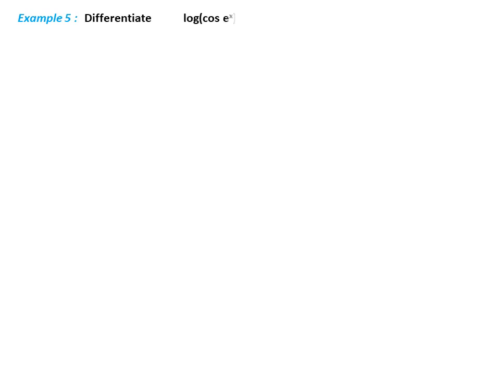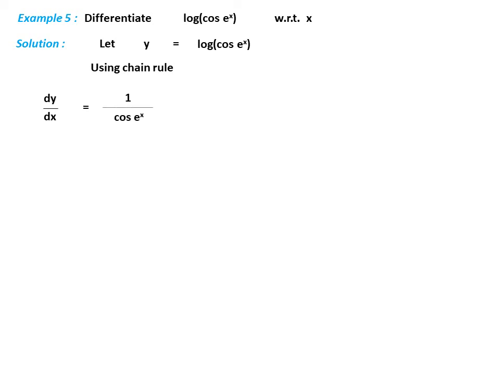Next, example 5. Differentiate log of cos e^x with respect to x, same thing. Let us take y equal to log cos e^x. Then using chain rule, you get dy by dx equal to 1 by cos e^x, since differentiation of log x is 1 by x. Then once again you have to differentiate d by dx of cos e^x.